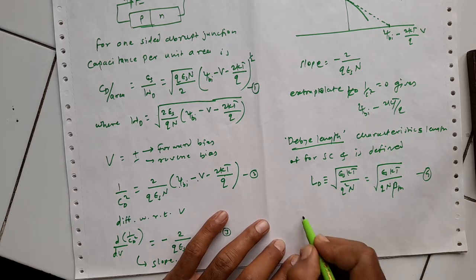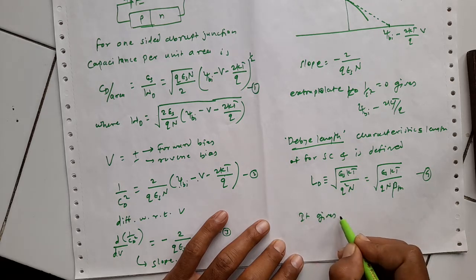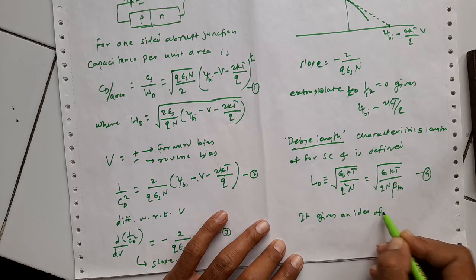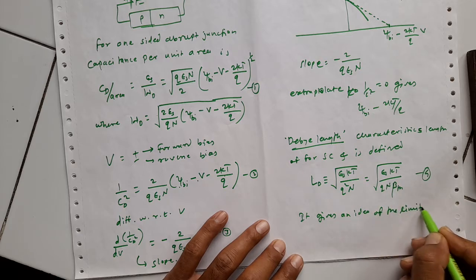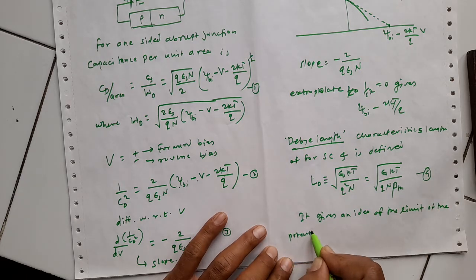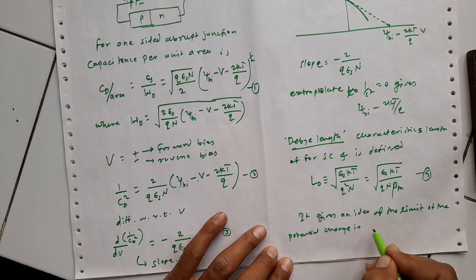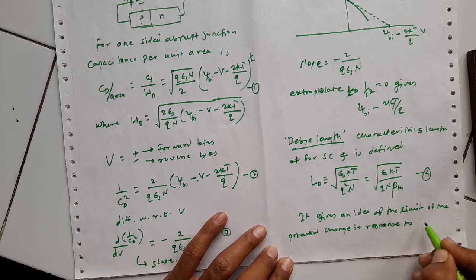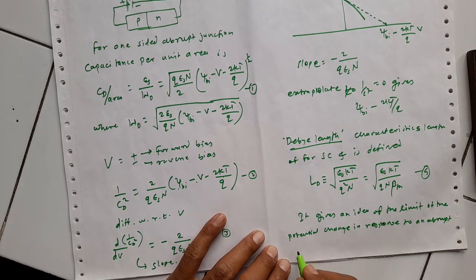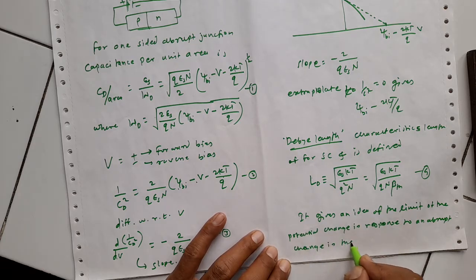It gives us an idea of the limit of the potential change in response to an abrupt change in the doping profile.